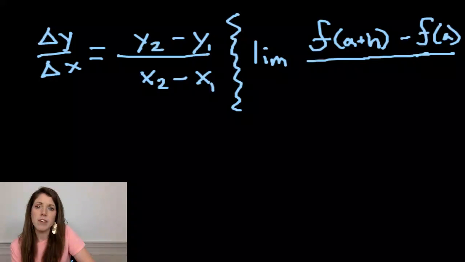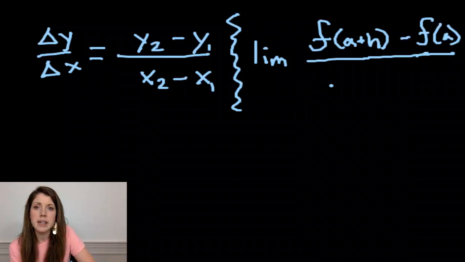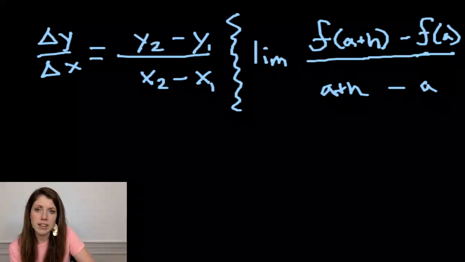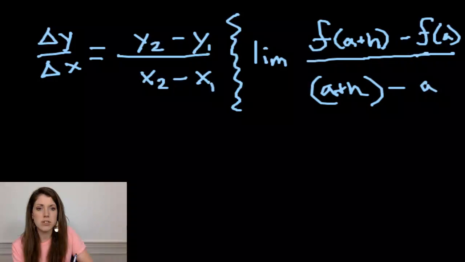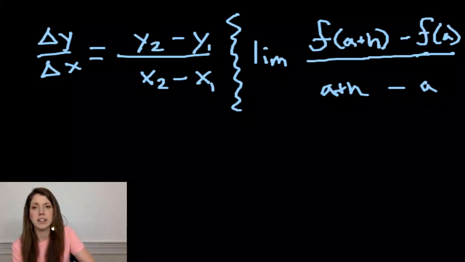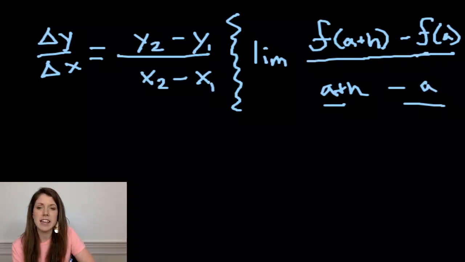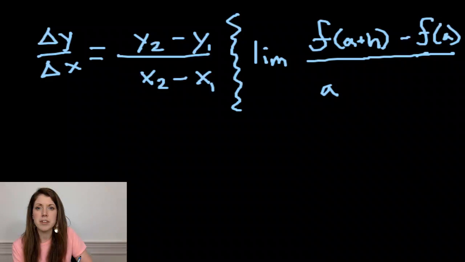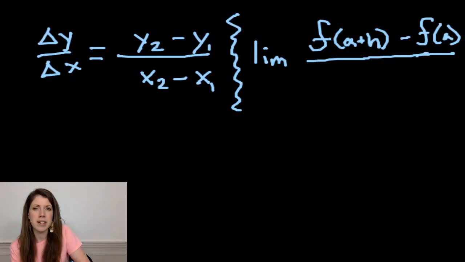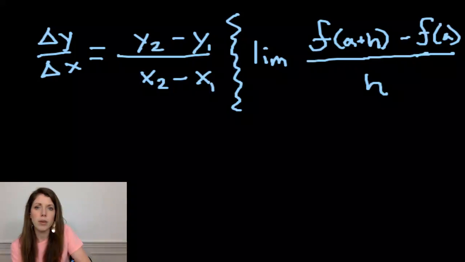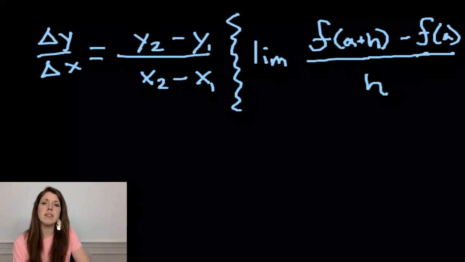The x values, x2 minus x1, would be a plus h minus a. We could write that in parentheses, but we don't need to because it doesn't change anything mathematically. When we drop the parentheses, the a and the minus a cancel, so I can get rid of everything on the bottom and just leave h. So we're taking the limit of f of a plus h minus f of a all over h, where h is approaching nothing.